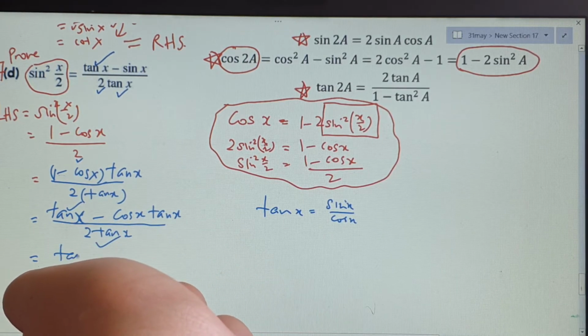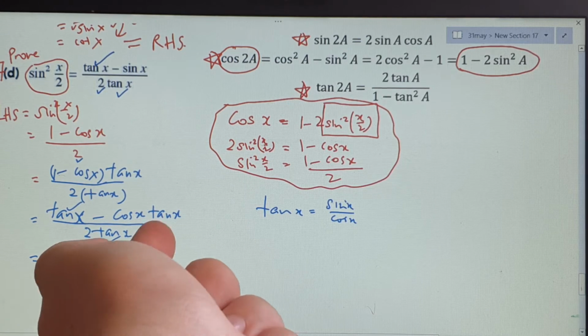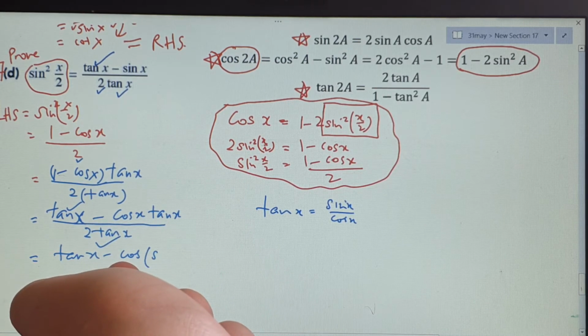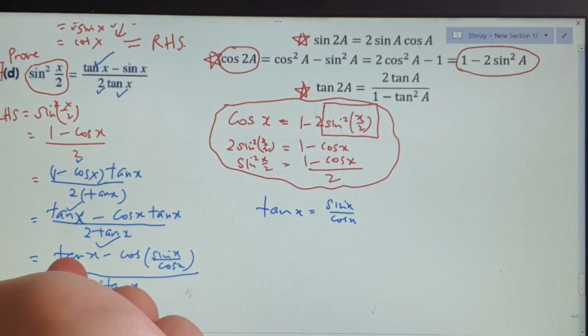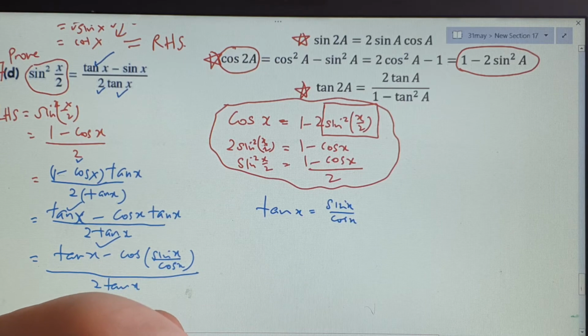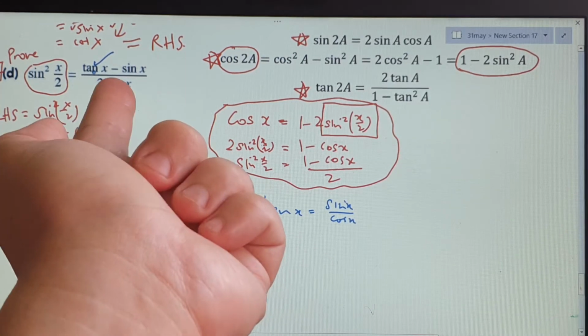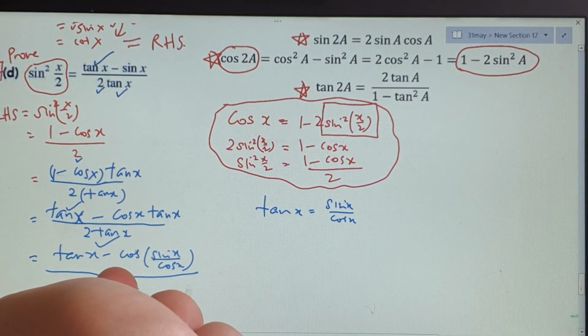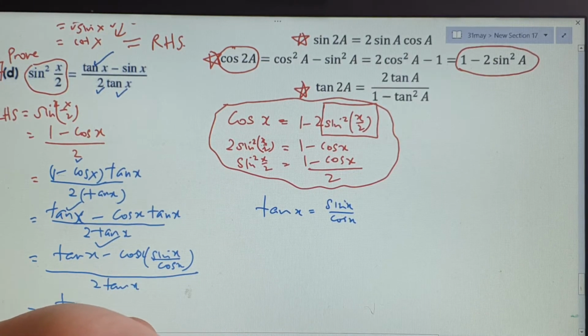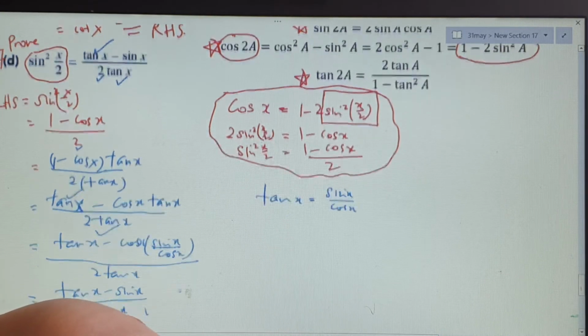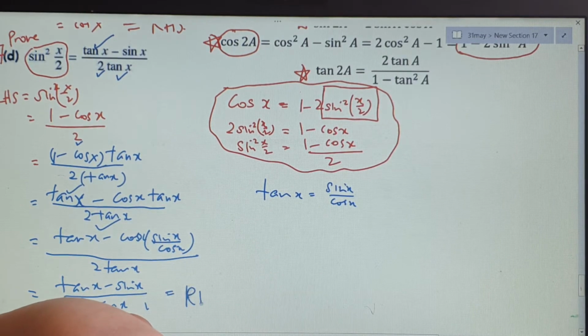So I'm going to just change this to sine over cosine. And that will give me, don't change the rest, because it's already what you want. Okay, then this will give me, sorry I missed out x here, minus sine x, right? Yeah, so that's all for this particular question.